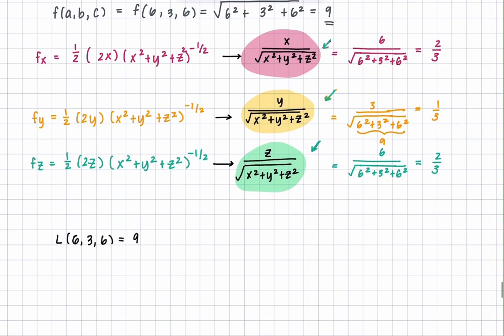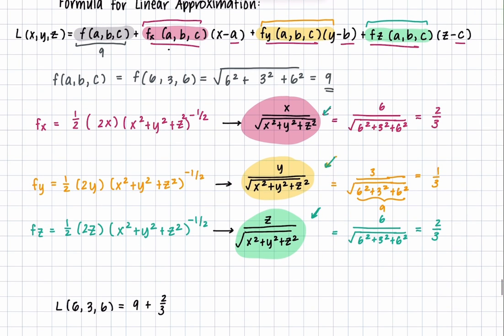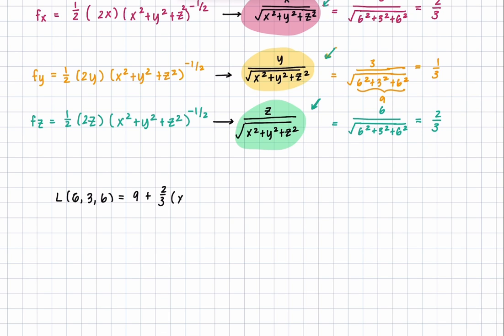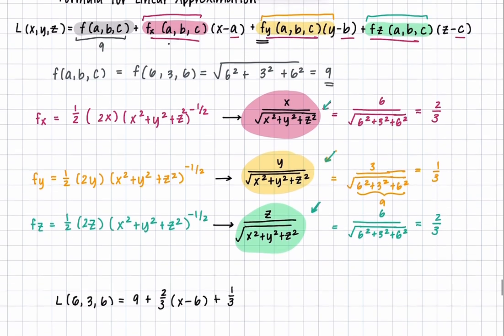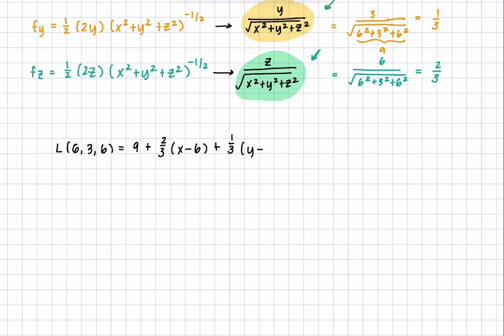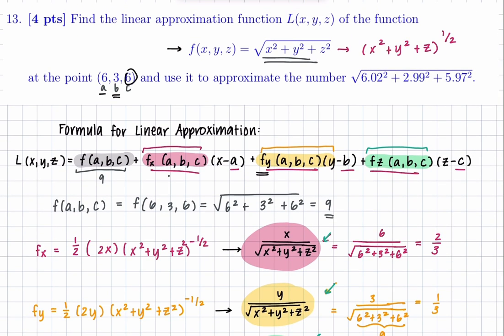Next, we have our partial derivative with respect to x, which is plus 2 over 3 times x minus a, and a is 6, so times x minus 6, plus 1 over 3, because that's our partial derivative with respect to y, times y minus b, and our b value is 3, so y minus 3, plus our partial derivative with respect to z, times z minus our c value, which is 6.